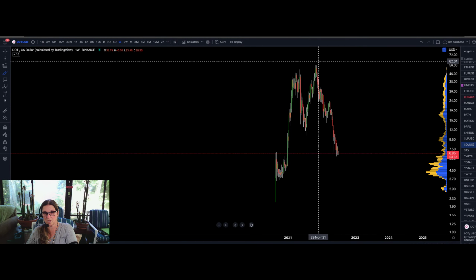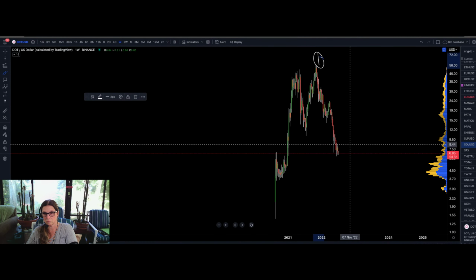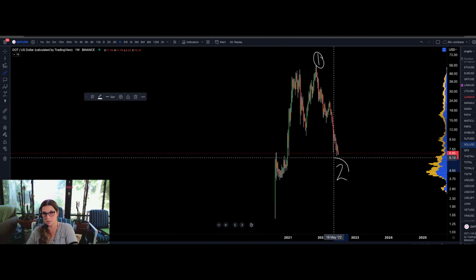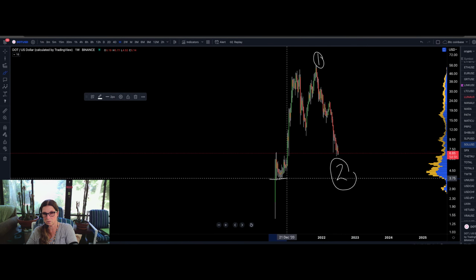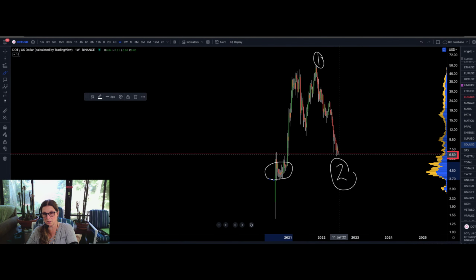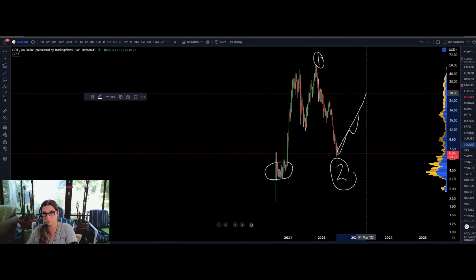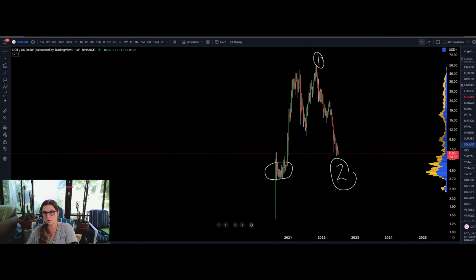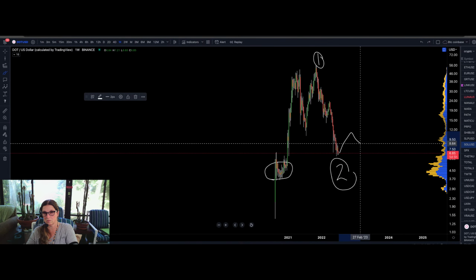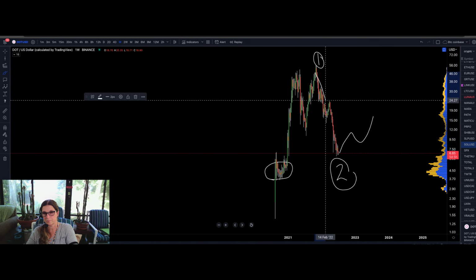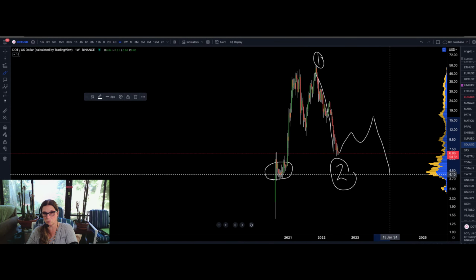So 100% DOT is a 1 and a 2. DOT needs to hold here. It really needs a rally, and the higher the rally, the better, so that this partner leg here can potentially hold this area.